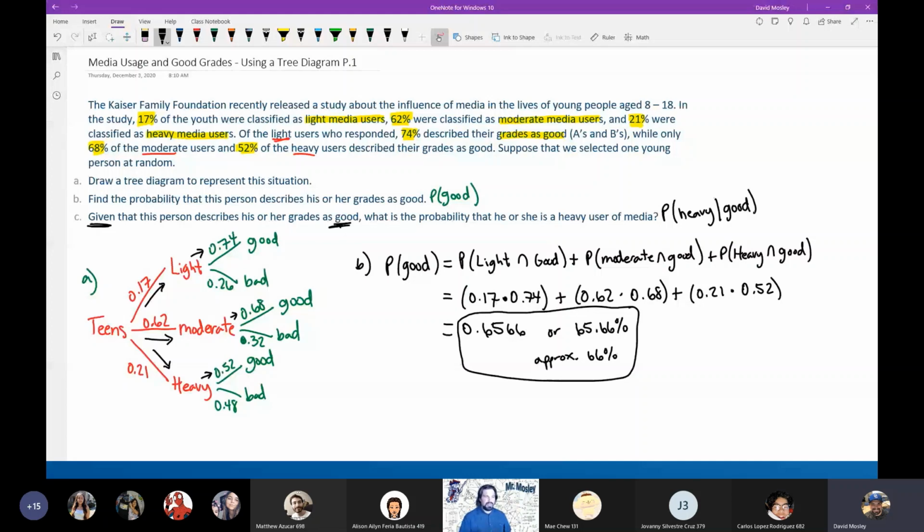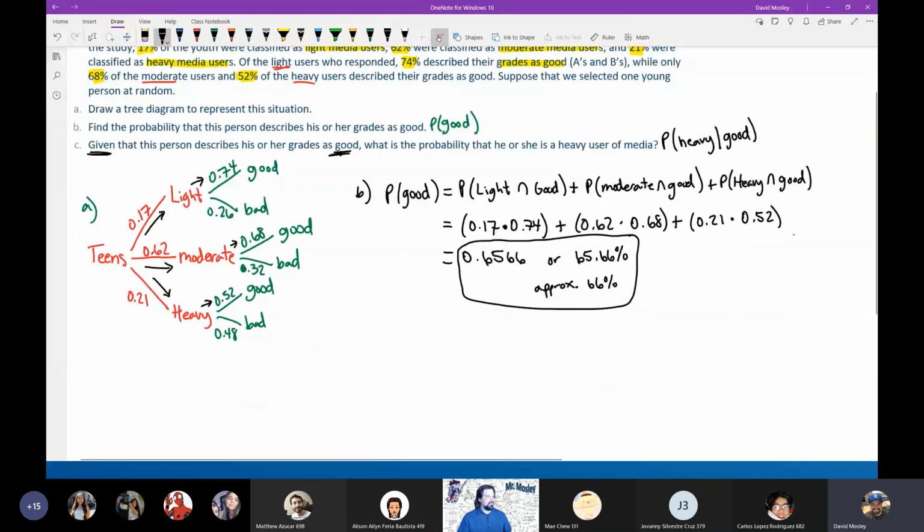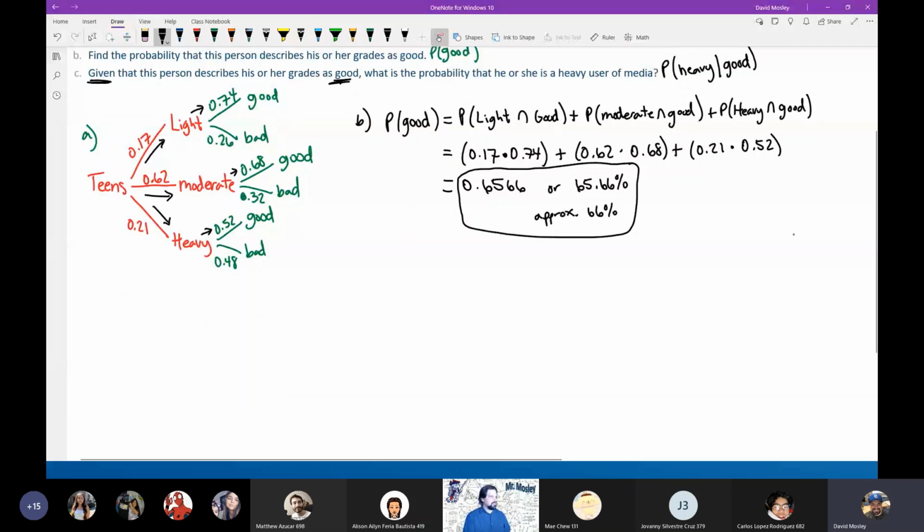Right. So again, properly identifying the thing that we're finding is going to help us work through the problem here. Let's look at part C. Again, we're finding probability of heavy given good.